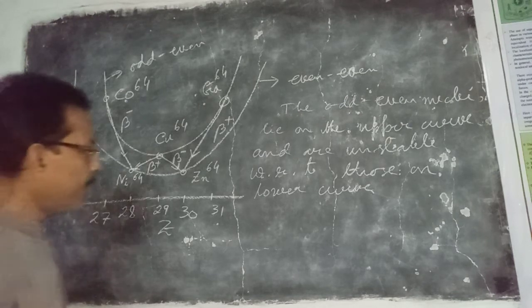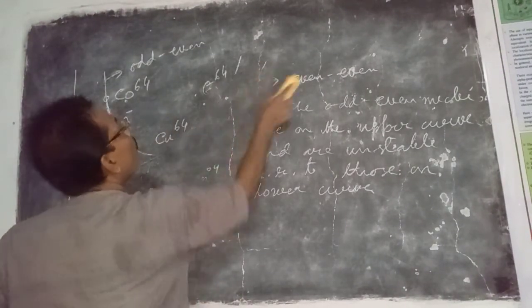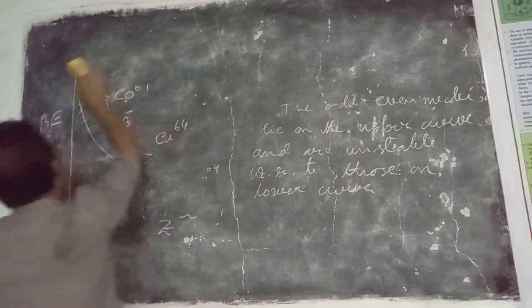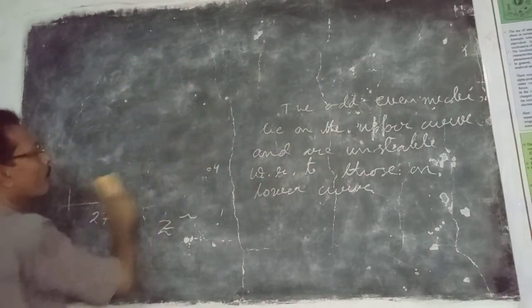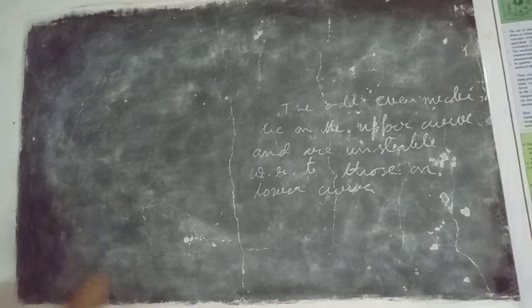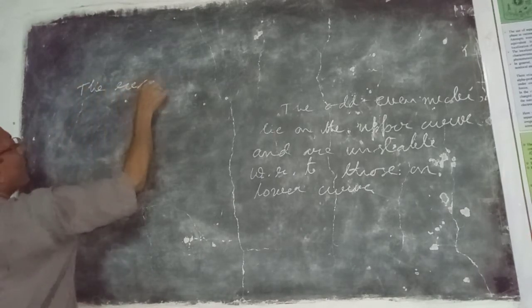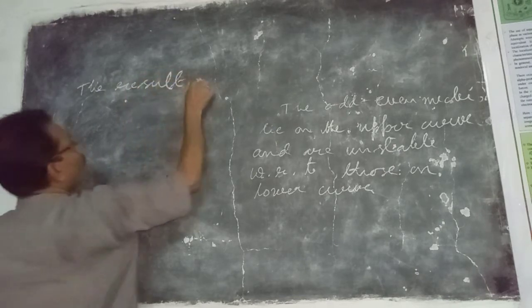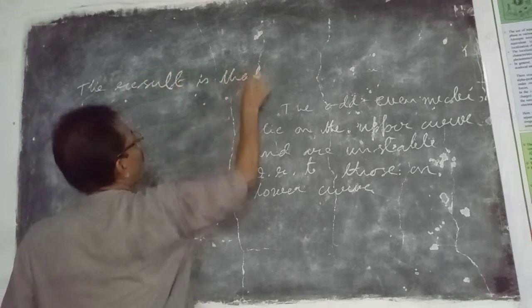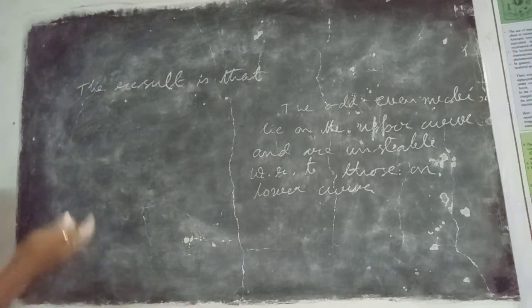The result is that what we see is that the copper is not very stable because it decays either into nickel or into zinc.